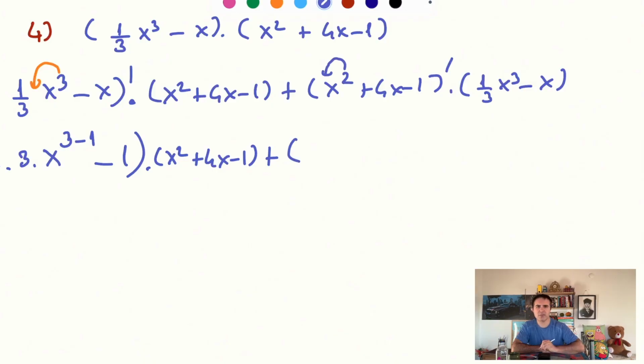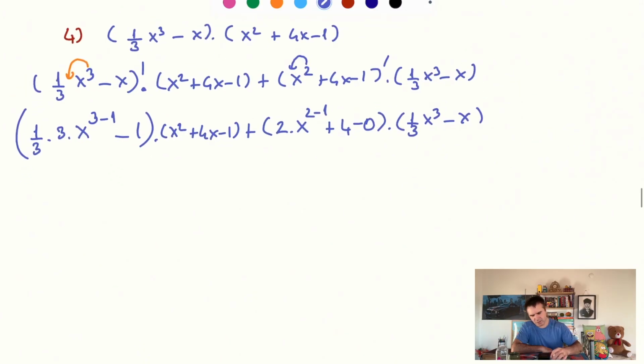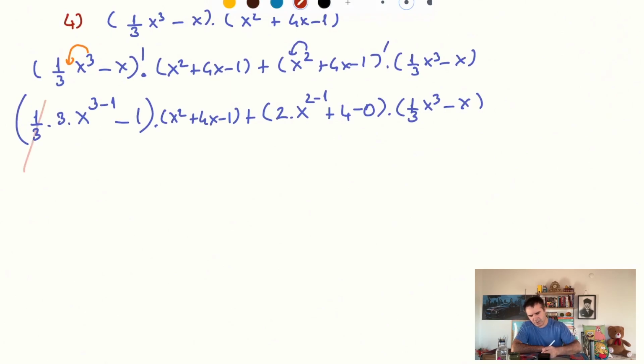The exponent will come here as coefficient, 2 times, and we will subtract 1 from the exponent, plus the derivative of 4x is 4 and the derivative of 1 is 0, times 1 over 3x cubed minus x. Okay. And 1 over 3 and 3 will cancel each other.